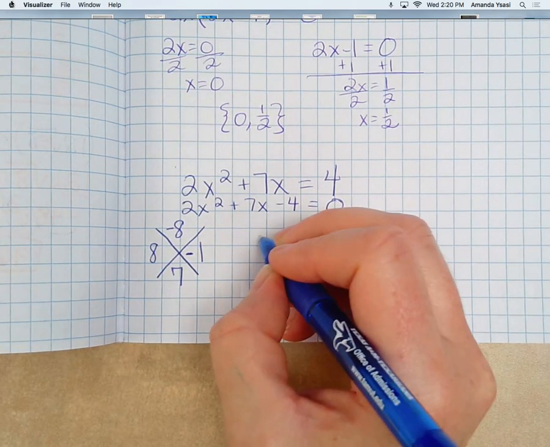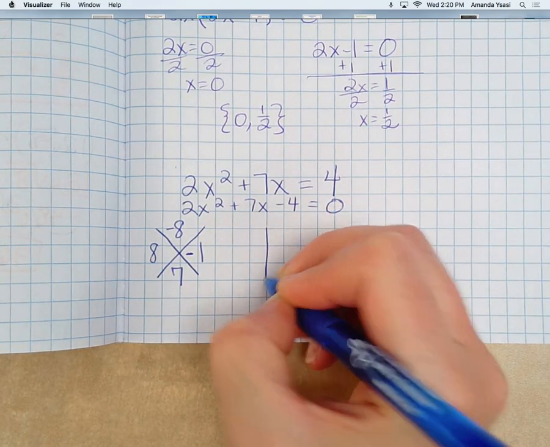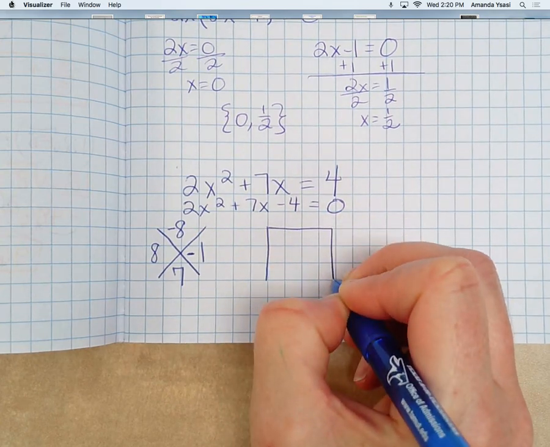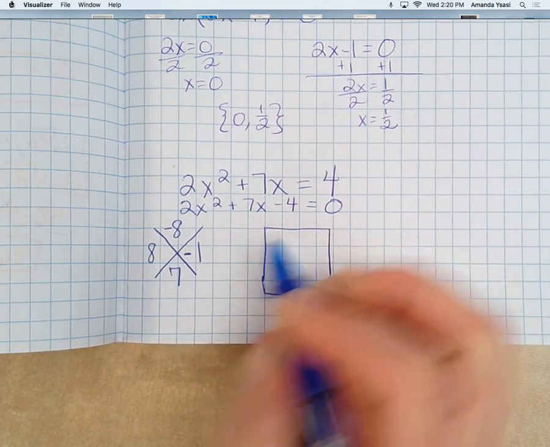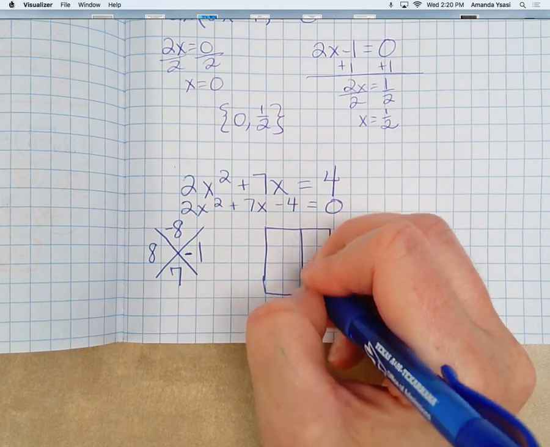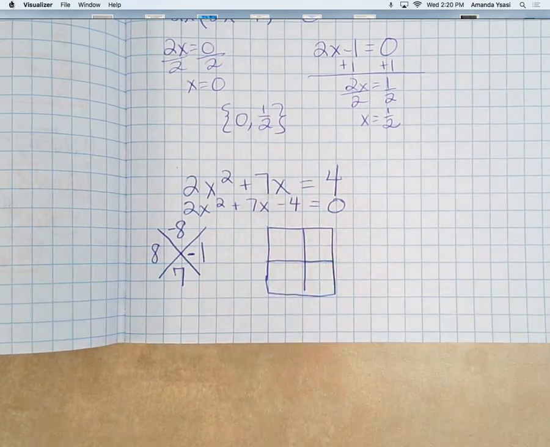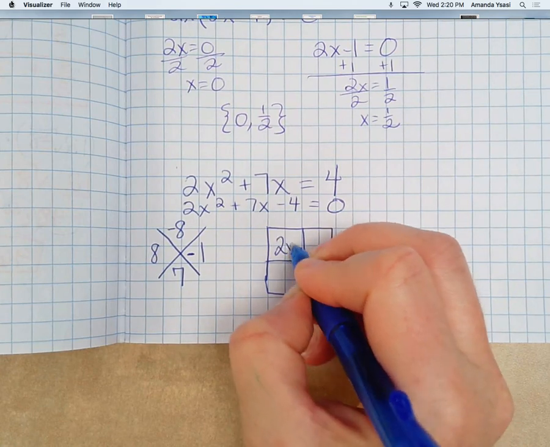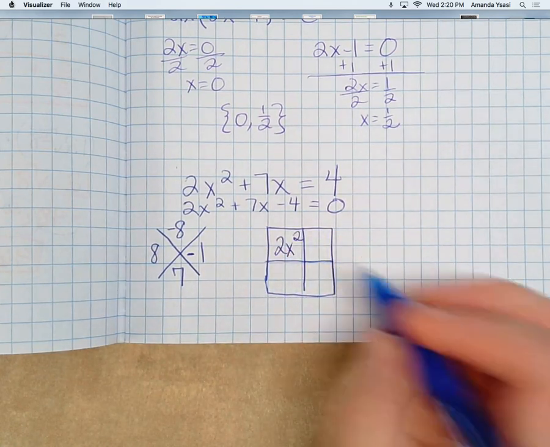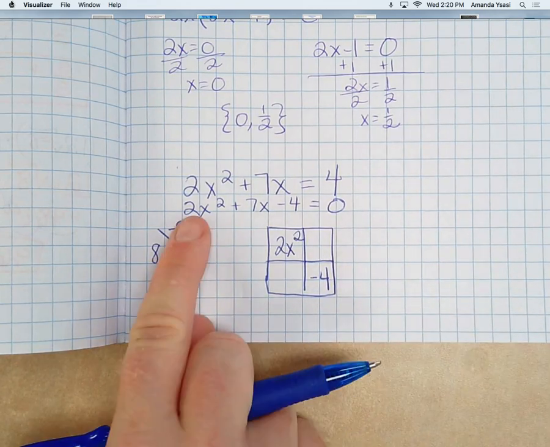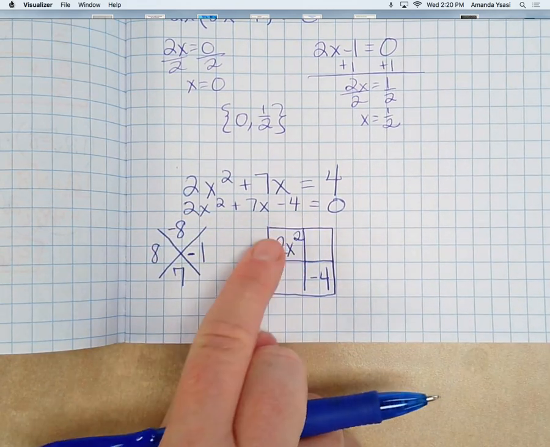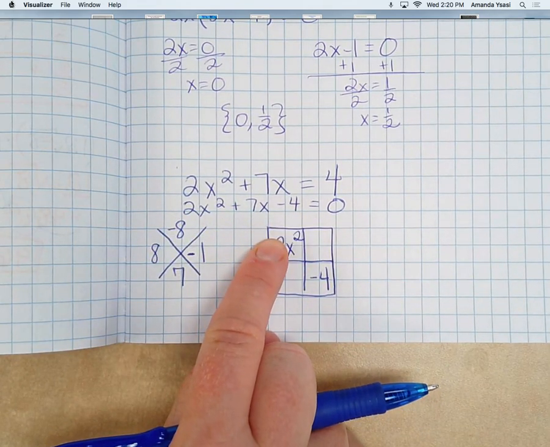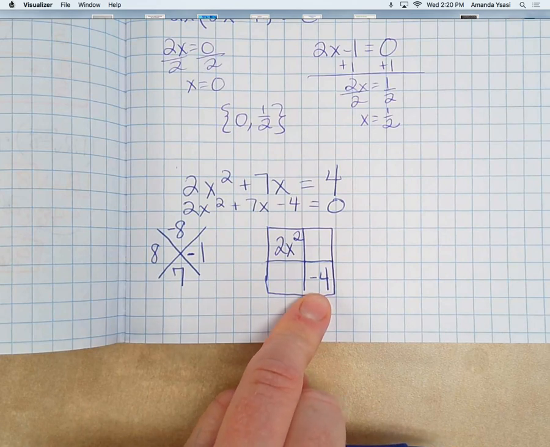Okay, and then we can do the box. Did y'all do x box? Do y'all remember that? This is the x and this is the box. So we know up in the top left is 2x squared. Bottom right is negative 4. That comes from the first and last term. First term goes top left. Last term goes bottom right.